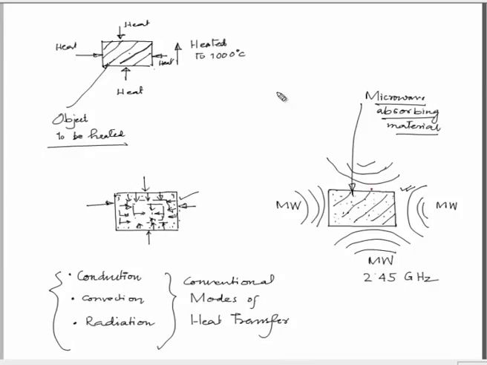Microwave, as we know, it is nothing but electromagnetic energy. It is a particular form of electromagnetic energy at a particular bandwidth of wavelength, and we will be using a particular selected frequency for processing or heating purposes.